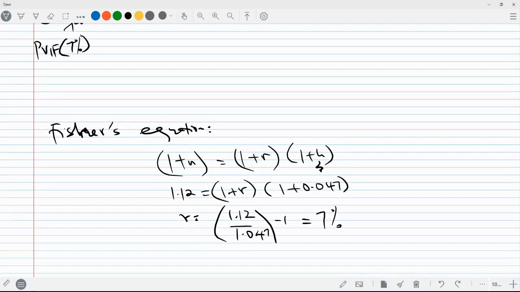The 12% given to us is nominal, but you don't have the real rate of return. So the 1 plus n is the nominal value and r is the real rate. Oh, okay. And h is the general inflation rate. We should do a question right now where there's what is called a specific inflation rate.